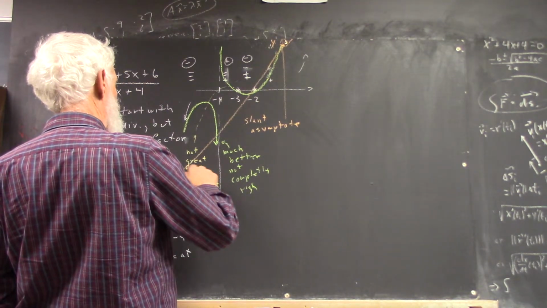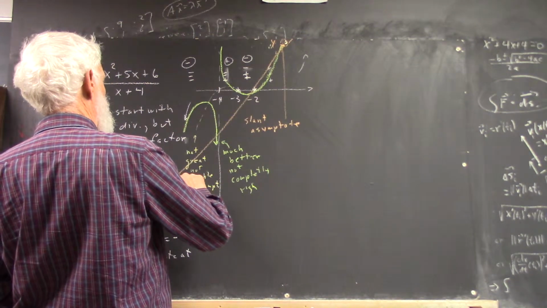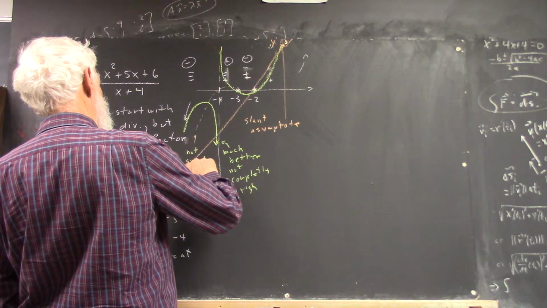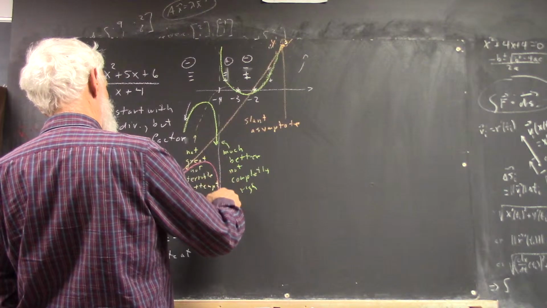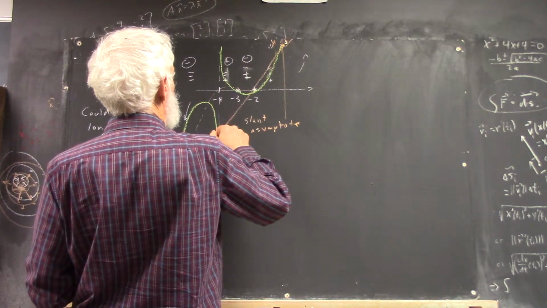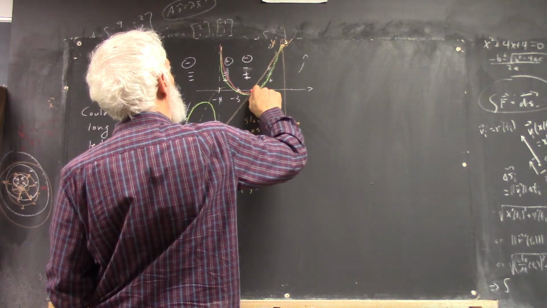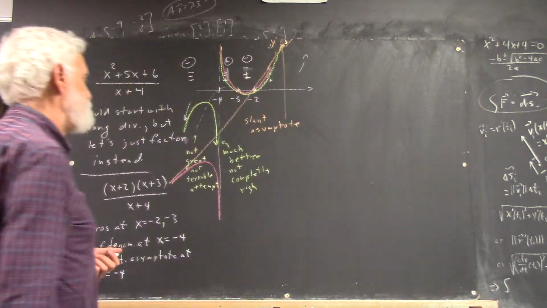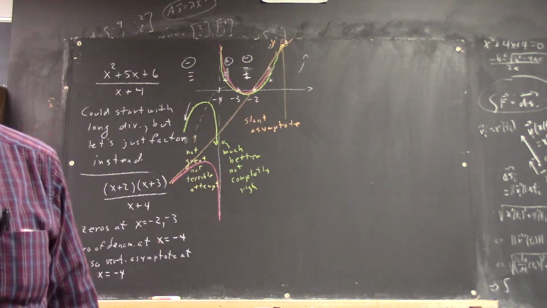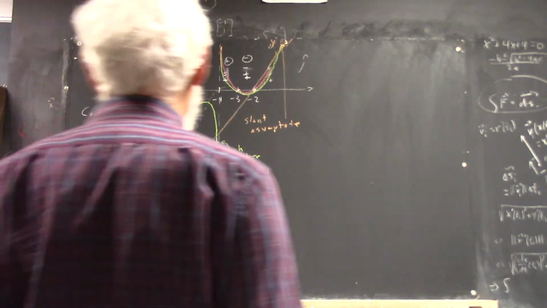But it's going to have to do this. Something like this. Then something like this. So there are 3 stages, at least, in drawing this graph.